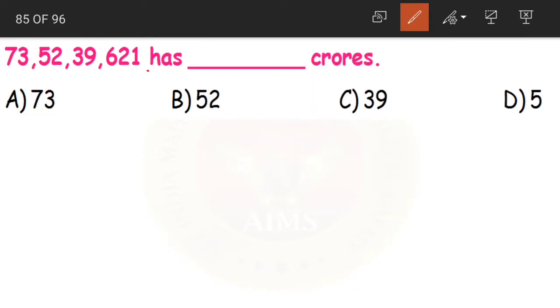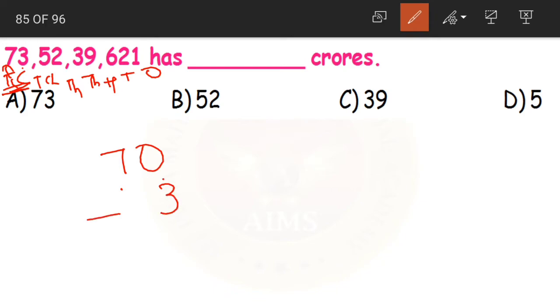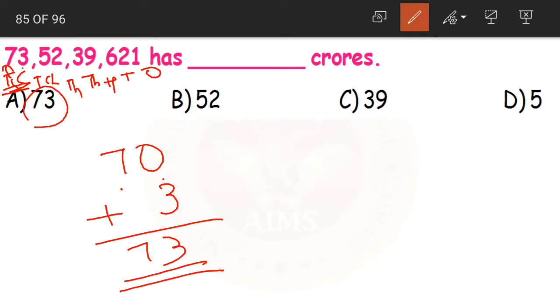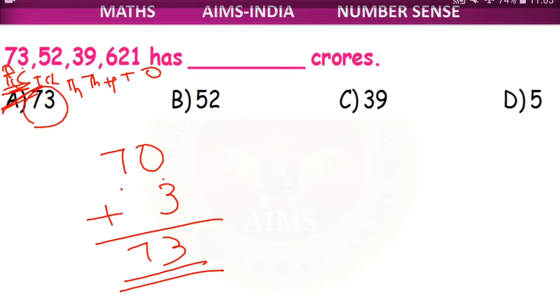Or you can write all the place values: ones, tens, hundreds, thousands, 10,000s, lakhs, 10 lakhs, crores and 10 crores. Now in the crores places, what do we have? In 10 crores we have 7, that means 70, and in the crores we have 3, so 70 plus 3 becomes 73. So 73 crores, option A is our correct answer.